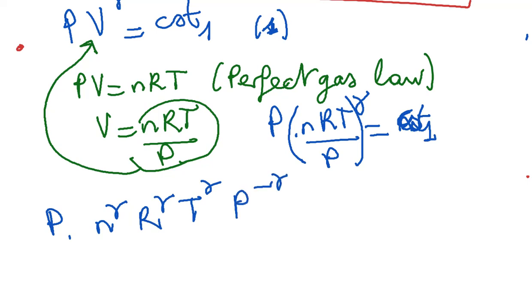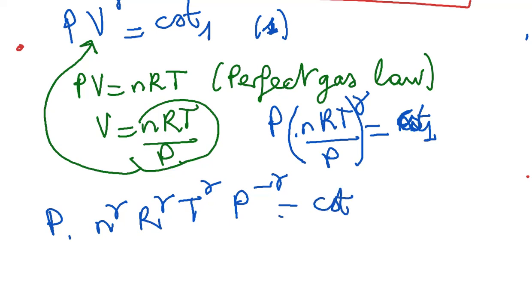This is exactly the same process as the one we did for the volume earlier: 1 over P power gamma is like P power minus gamma, and this is equal to constant 1.